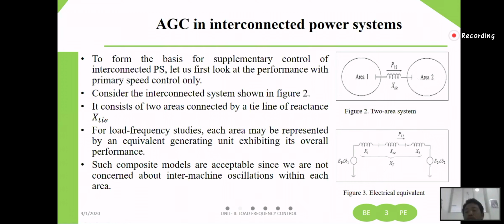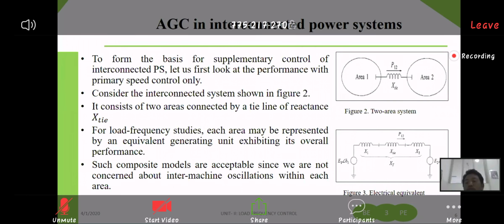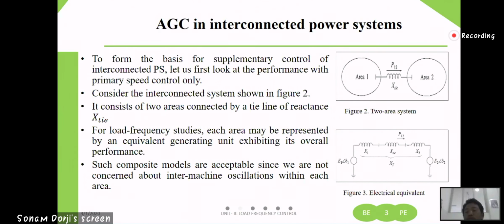To form the basis for supplementary control of the interconnected power system, first let us look at the performance of the primary speed control only. Before we employ AGC for frequency control, let's see how the primary speed control, which means the speed governor, will perform. After you get clear about that, then we'll employ the AGC and see how it performs.